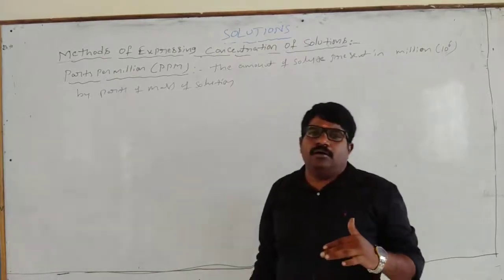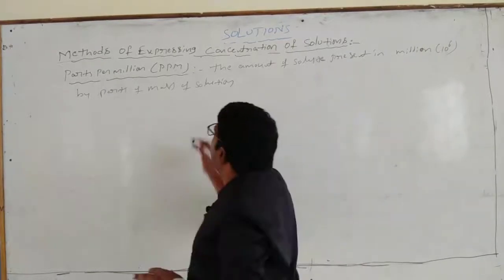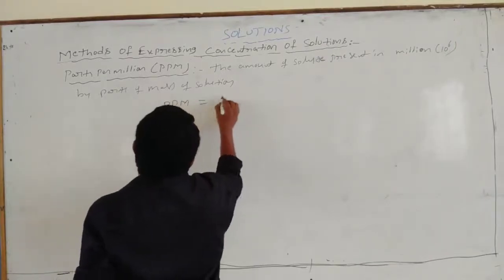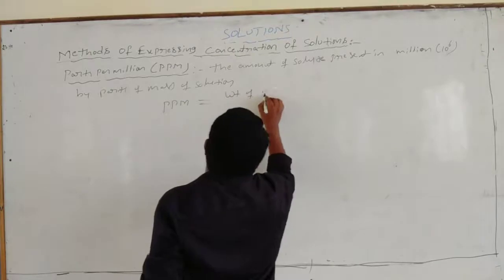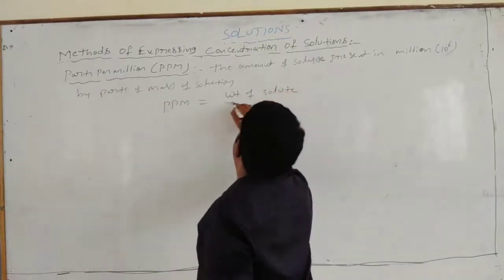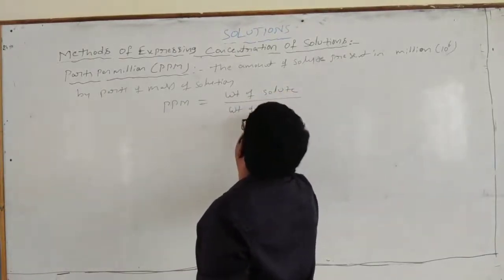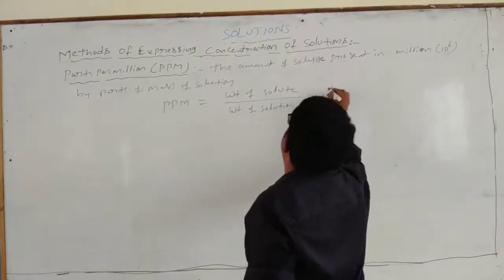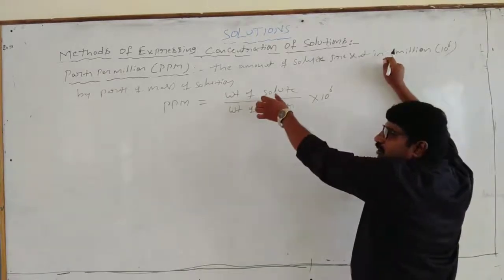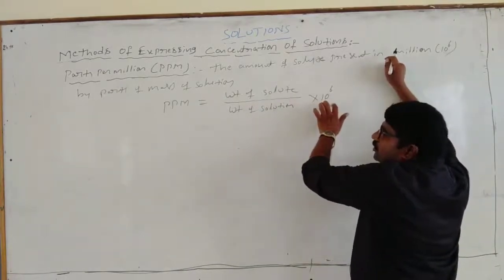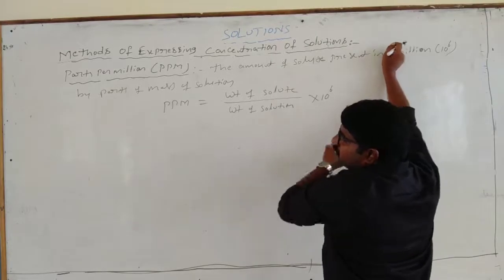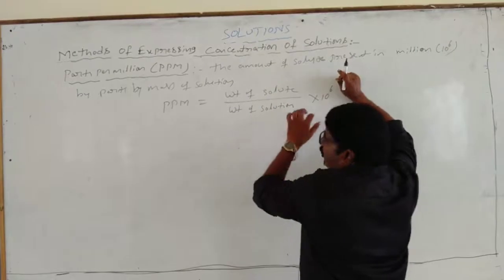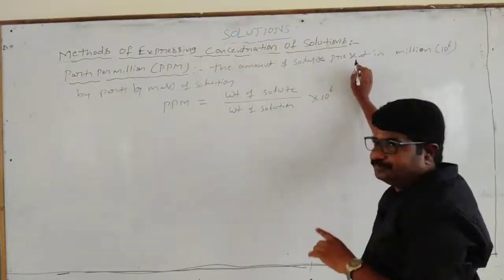Now ppm can be expressed in terms of weight, volume, and weight by volume. In terms of weight, ppm is equal to the weight of solute divided by the weight of solution, multiplied by 10 to the power of 6. So it is the amount of solute in grams present in 10 to the power of 6 parts by mass of solution.